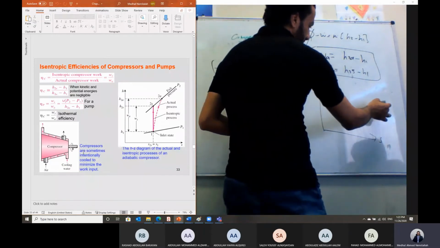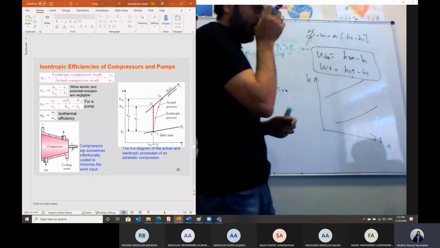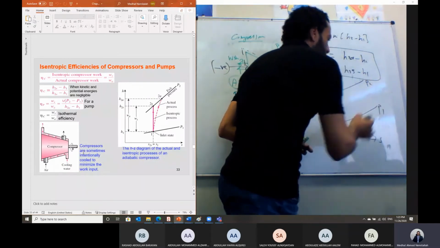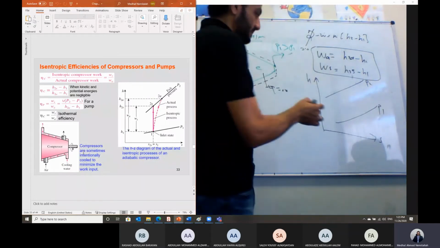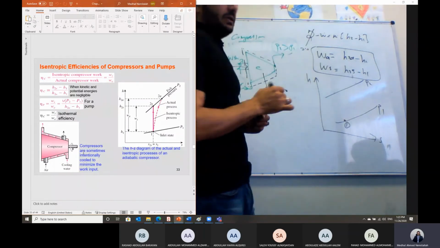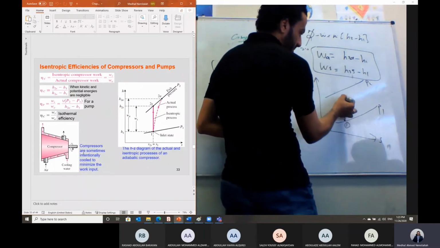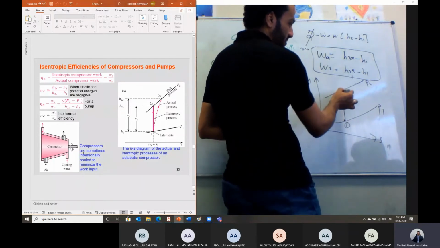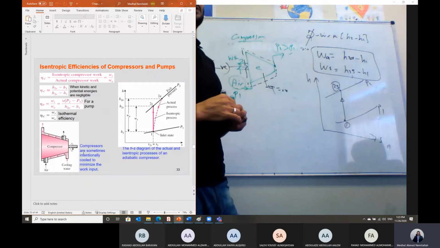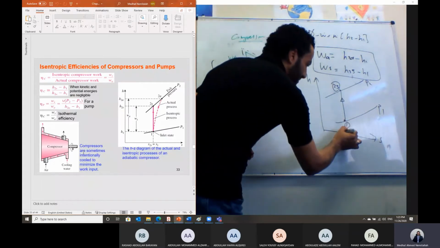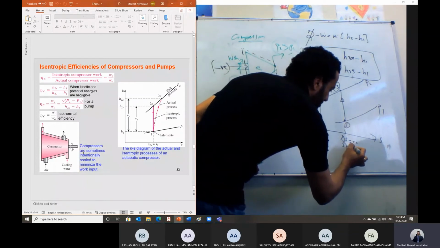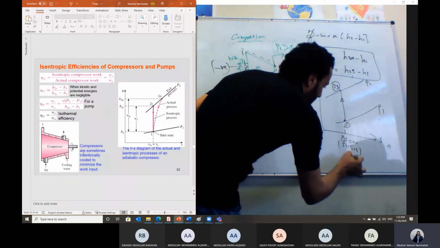This is the pressure at the inlet to the compressor, P1, low pressure, and the flow is compressed to a high pressure. Let's say this is the inlet point, point number 1. If the process is isentropic, then we should not have a change of entropy. Then we reach point 2S, which is the isentropic exit condition. In this case, delta S is equal to 0, or S1 is the same as S2S.